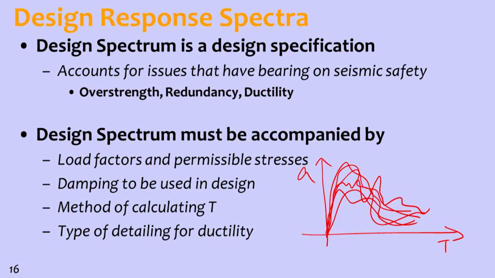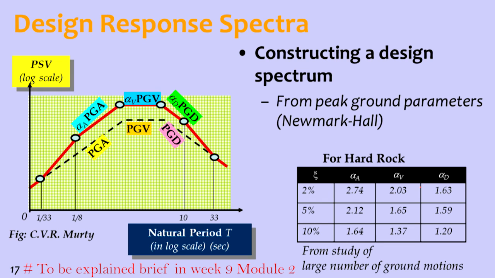But the issue in a design spectrum is that if we use this average response spectrum and there is a mistake in the calculation of the natural period for any structure, so that it is another value instead of this one, then suddenly at that point the response may peak. In order to remove this kind of discrepancy, the average spectrum plot is smoothened by using coefficients. For acceleration at 2% damping, this coefficient is used.